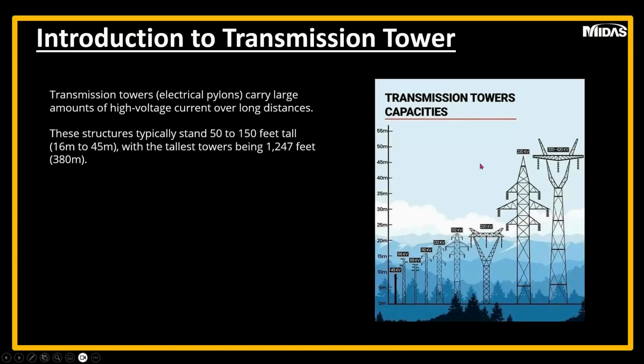These structures stand at a height of 50 feet to 150 feet. If we convert into meters, it will be some 16 meters to 45 meters. In a few rare cases, the towers may have greater height. The tallest towers available are at a height of 380 meters.